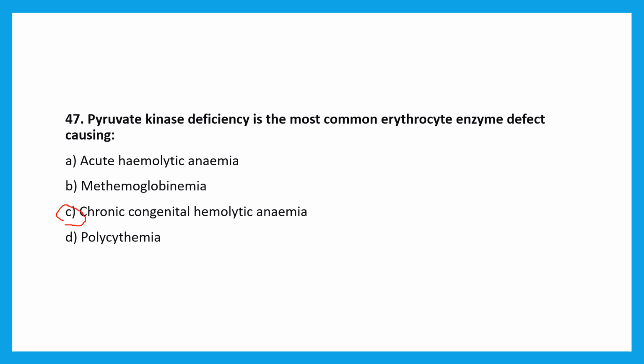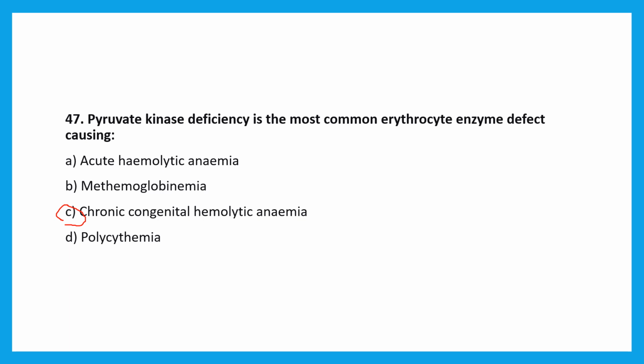Because of course, G6PD deficiency is the most common overall, but when we talk of pyruvate kinase deficiency, we say that it's the most common enzyme defect of the glycolytic pathway, and it leads to chronic lifelong hemolytic anemia, which is congenital. So G6PD deficiency, when we remember well, is actually episodic, so it doesn't really fit here.